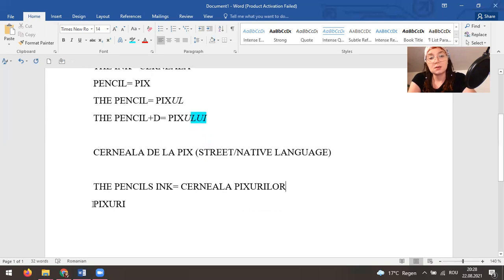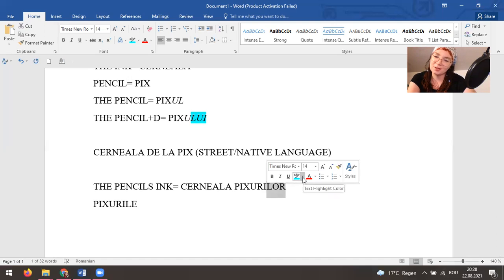So pixuri, pixul, pixurile will be here. The pencil in plural will be pixurile, but in dative, for the plural, we have one required ending, which is lor.